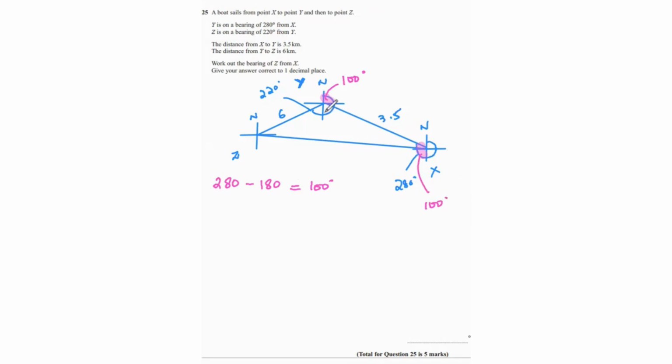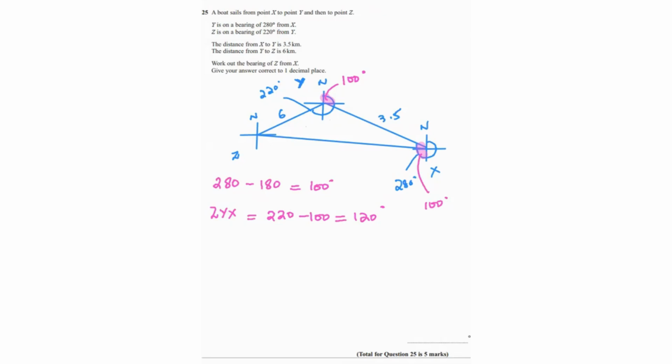So now we can easily find this angle, which is inside the triangle. So that's angle ZYX, that's going to be 220 minus 100, which is 120 degrees. So we have that covered.